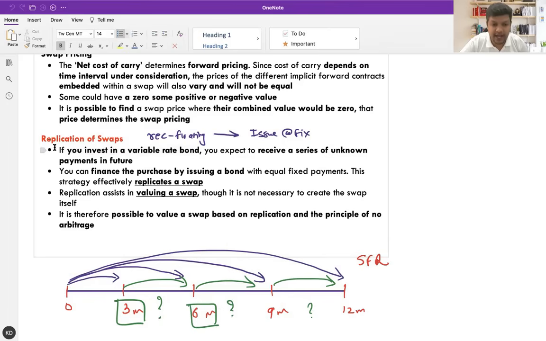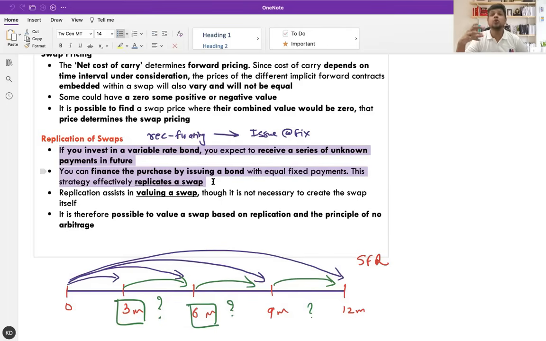Now, can you read these two points? If you invest in a variable rate bond, you expect to receive a series of unknown payments in future. That's like receiving a floating rate. And then you can finance the purchase by issuing a bond with equal fixed payments. This strategy effectively replicates the swap.